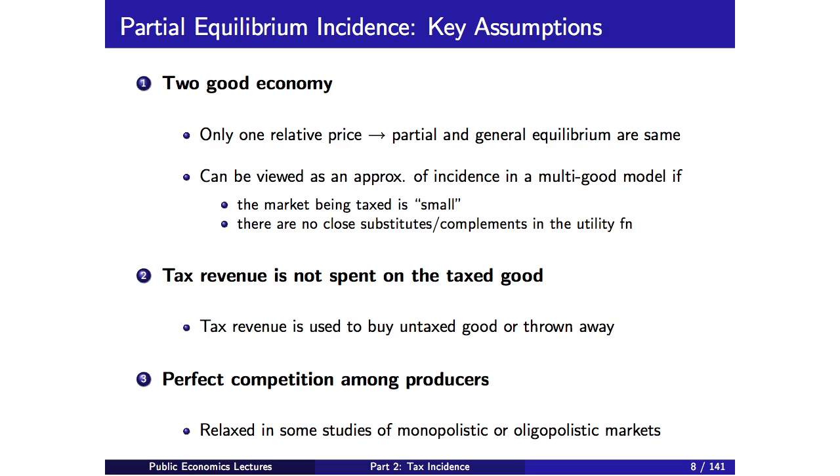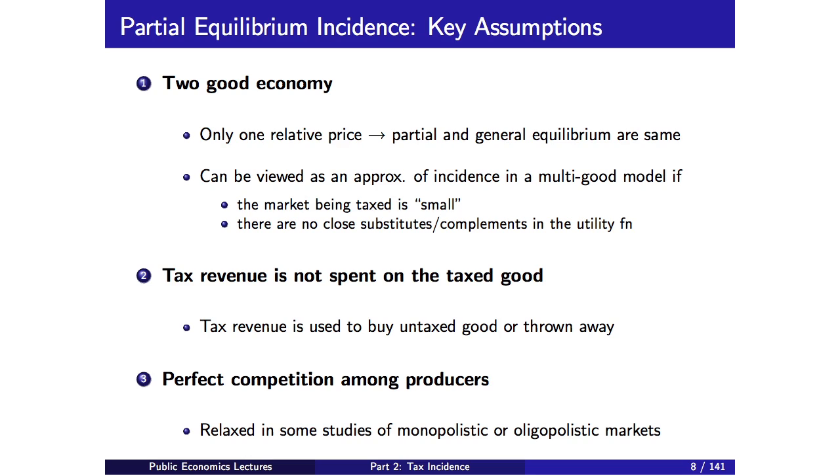So while this is technically the right way to state what we're doing, it's useful to think about the partial equilibrium approach as an approximation of incidence in a general multi-good model under two conditions. The first is that the market being taxed has to be very small.